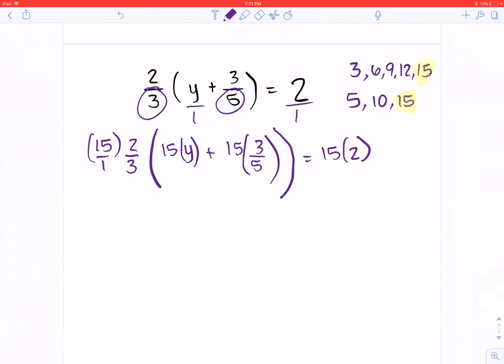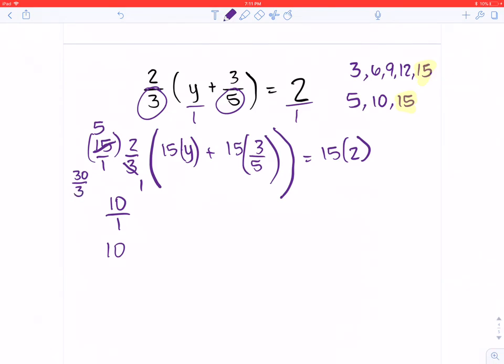Now this is a cool example for cross-dividing or cross-canceling. 3 divides into 3 one time. 3 divides into 15 5 times. 5 times 2 is 10, and 1 times 1 is 1. So really I have 10. I could have multiplied straight across. I would have gotten 30 over 3, and 30 divided by 3 is 10.